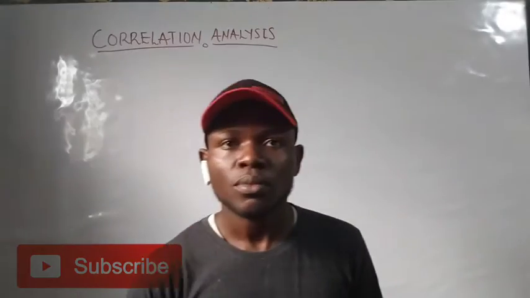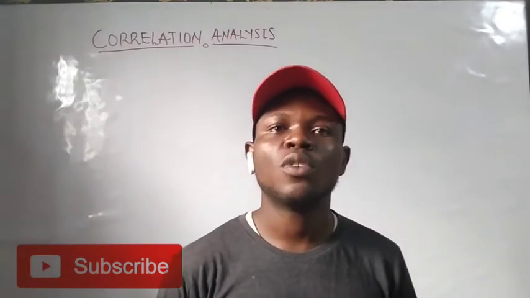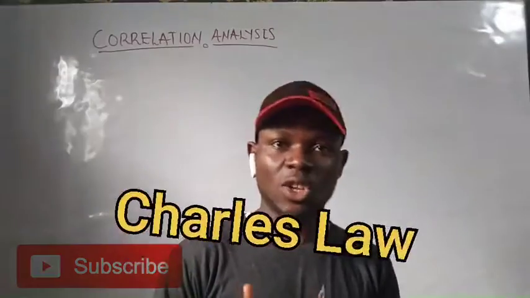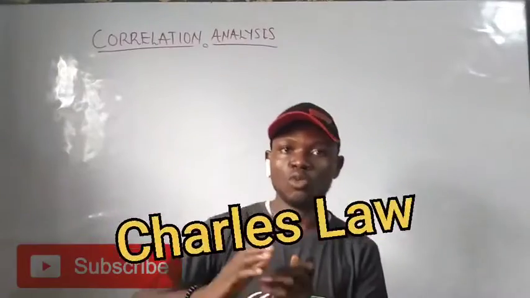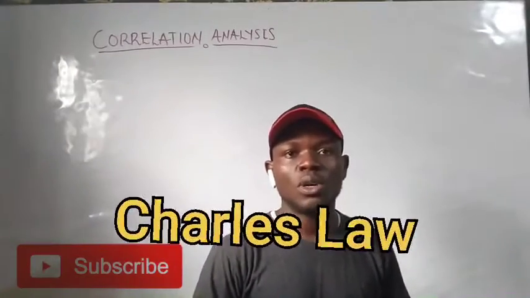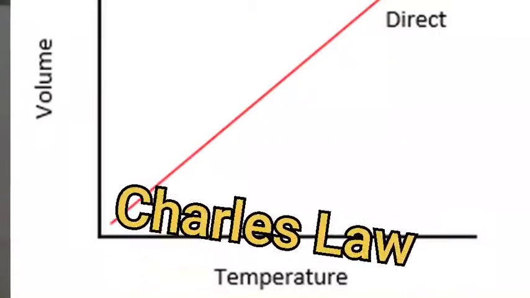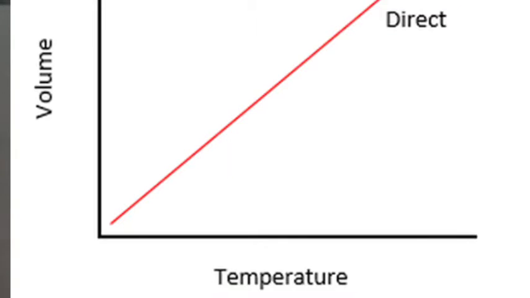For instance, when you are discussing Charles' law, an increase in volume is also an increase in temperature. So that is Charles' law. But negative occurs when we are dealing with Boyle's law. So we are discussing that of scientists. That one deals with a perfect relationship.